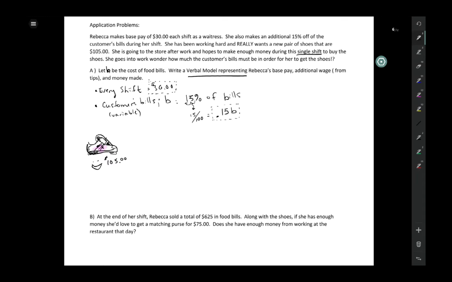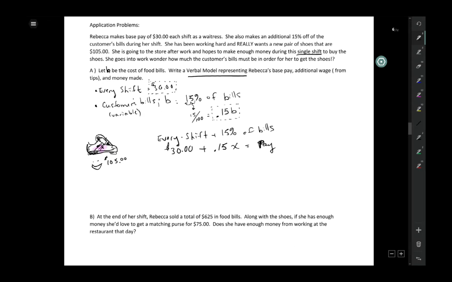She makes every shift $30 plus 15% of the customer's bills. And that is her pay for the day.